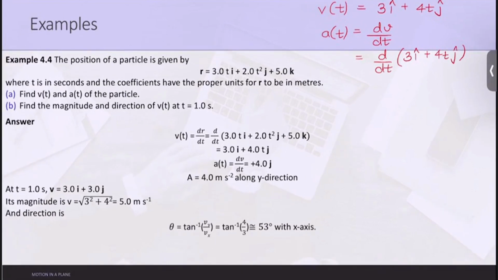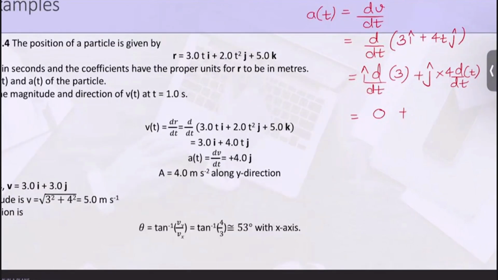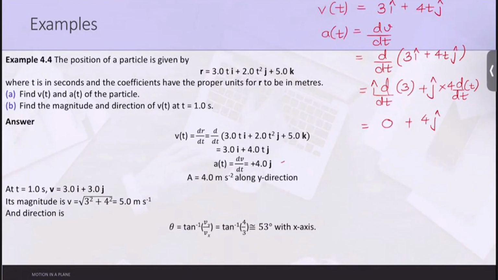Correct, so this will be equal to d by dt of 3 plus j cap into 4 into d by dt of t. Okay, so using the same result which you understood before, for a constant this will be equal to 0, and for dt by dt it will be 1, therefore this will be equal to 4j, and that is the expression which we got for the value of acceleration at time t.